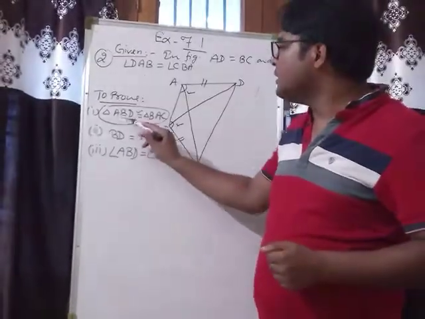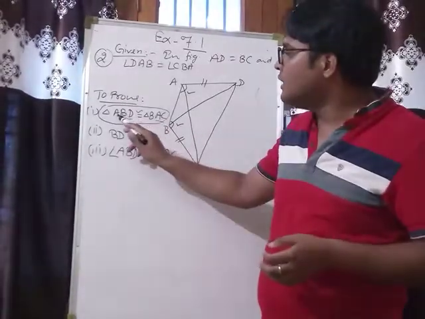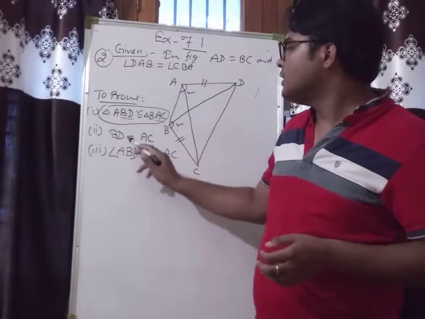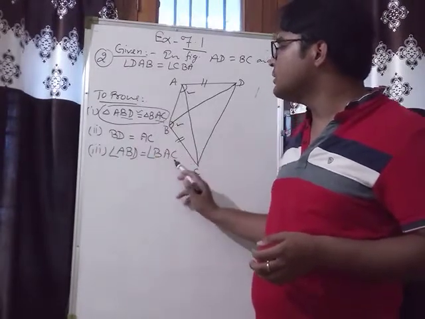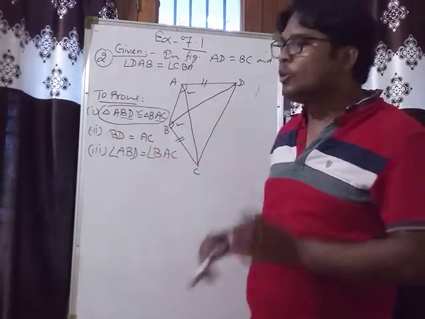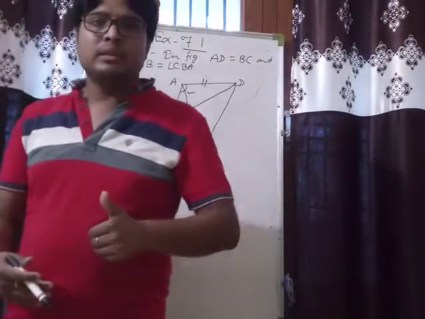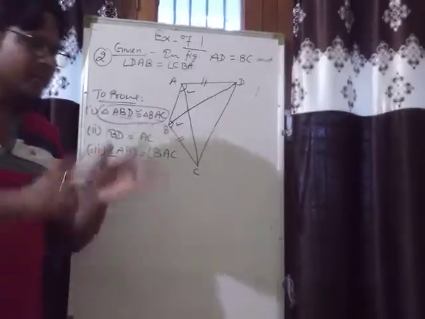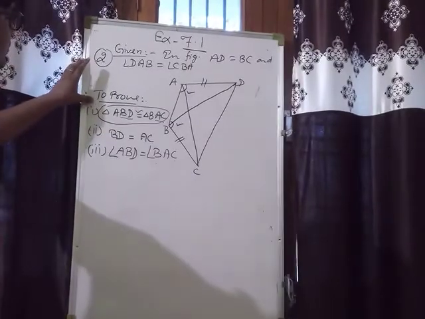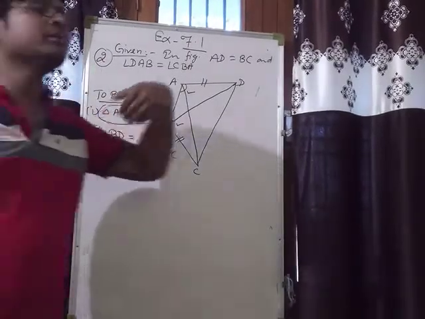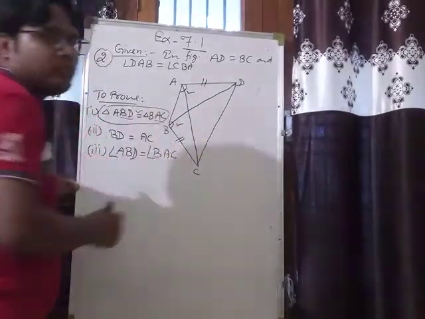So BD will be equal to AC by CPCT, and angle ABD will be equal to angle BAC. These two will be easily proved by CPCT when we prove the first one. So I am going to prove the first one.